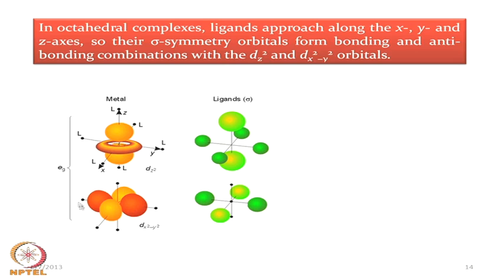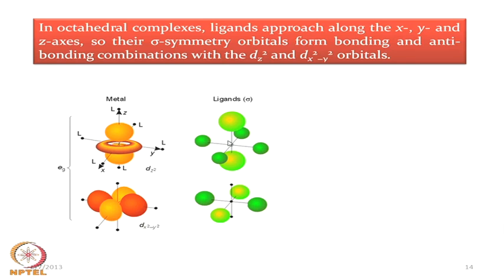Similarly, the dx square minus y square orbital from the metal is overlapping with the 4 ligand orbitals along the x and y axes. So, these two orbitals, dz square and dx square minus y square, can be labeled as the Eg set from the metal side.